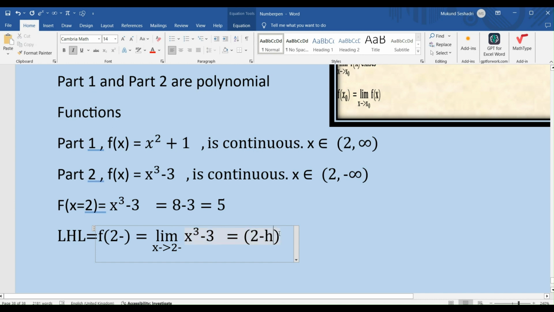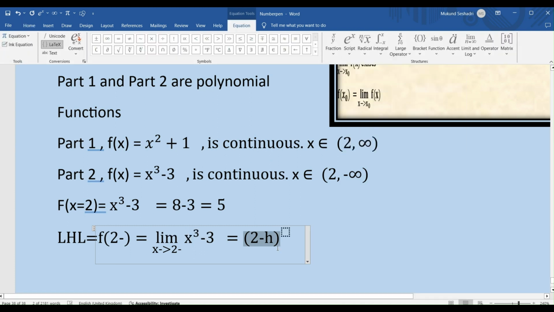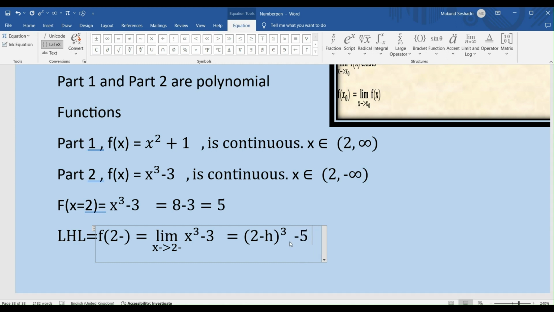And I don't see a challenge. With h being infinitesimally small, when it takes the value 0, it will be equal to 5, right?